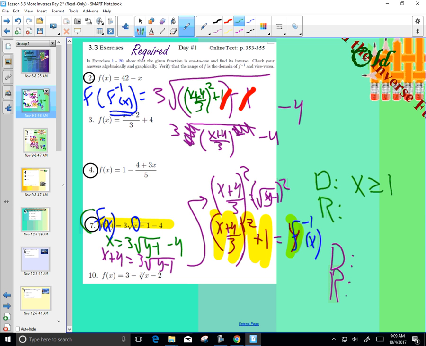What happens to the 3's? Cancels out. And so now I'm left with x plus 4 minus 4. And what's that equal to? X. You mean to tell me if you take f of f inverse of x, you get x? It works. That was kind of messy, but let's do one more of these.